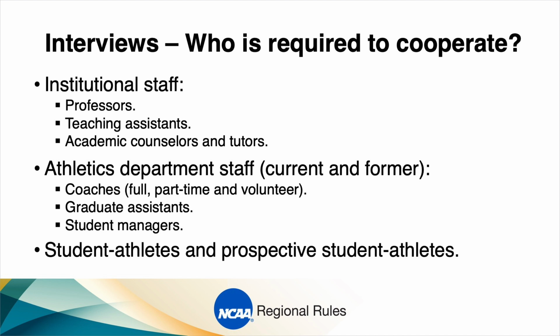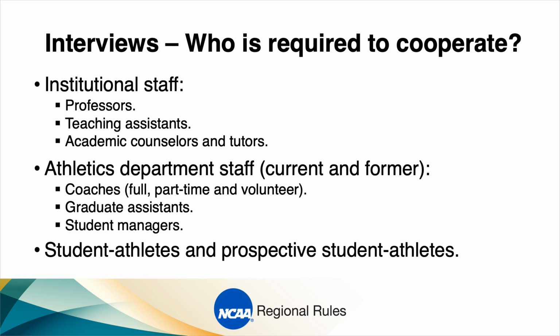As mentioned earlier, interviews are an integral part of any investigation and case strategy. In determining who to interview, as well as the sequence, it's important to consider who is required to cooperate in an interview under NCAA Bylaw 10.1. These include institutional staff members, current and former athletics department staff members, current student athletes, and prospective student athletes.